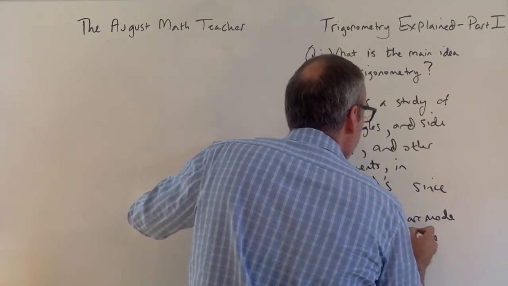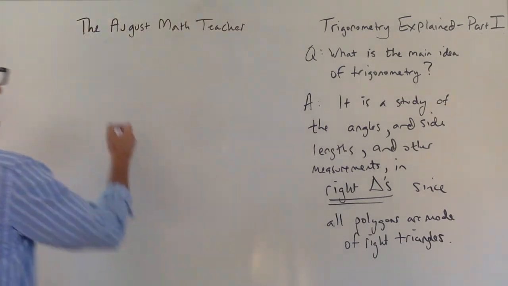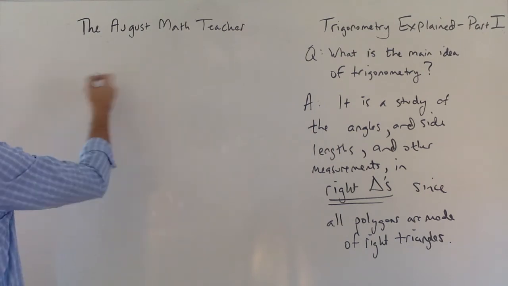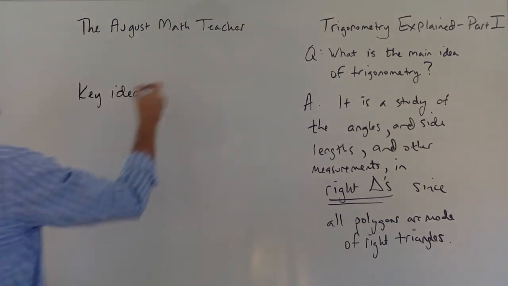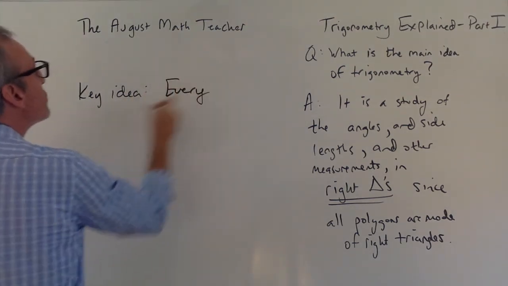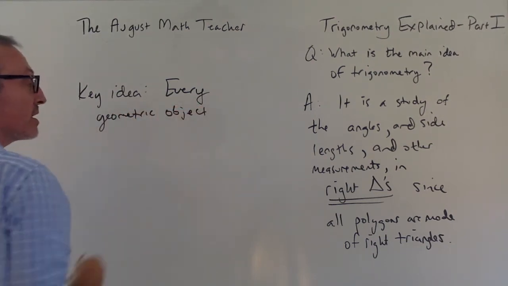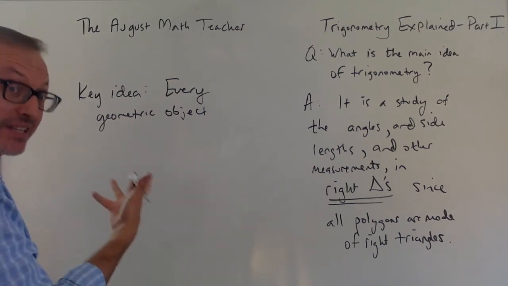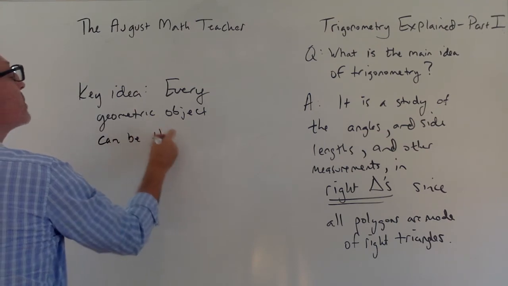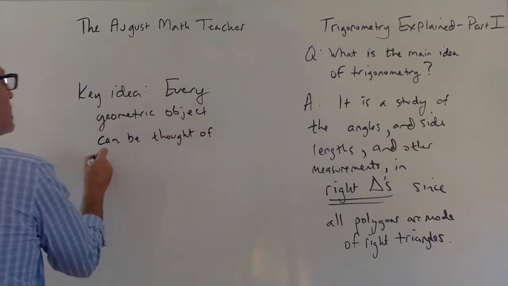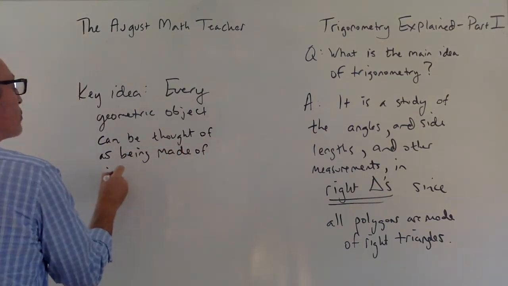In fact, here is furthermore an important idea that comes from trigonometry. Here is a key idea. It's that every geometric object, I made an example of polygons, but it turns out every geometric object to some extent can be thought of as being made of just right triangles.